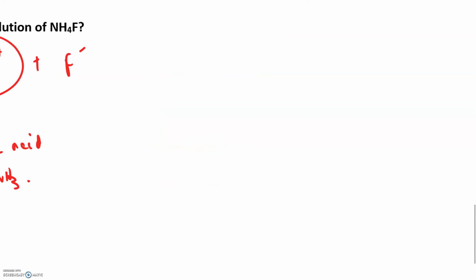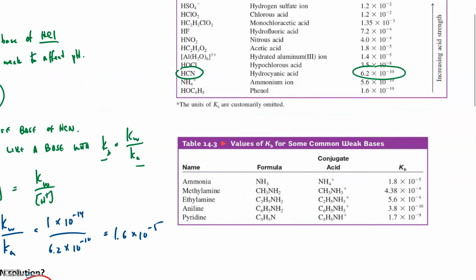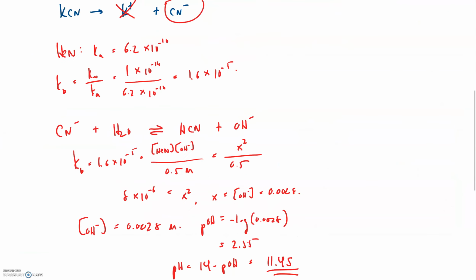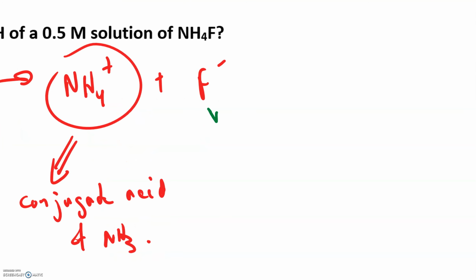You can find that right here in our table of bases, and it tells you that ammonia has a Kb of 1.8 times 10 to the negative 5th. Also, we know that F minus is the conjugate base of HF.